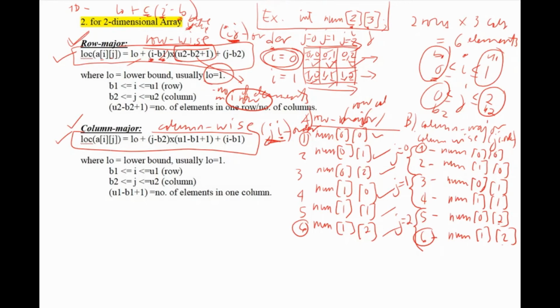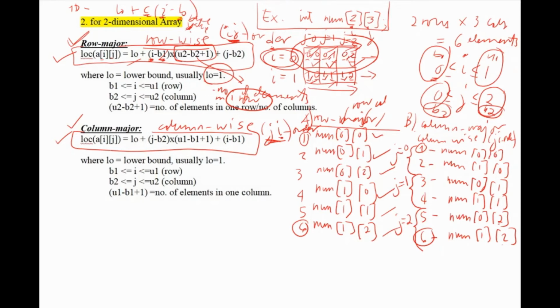Now, how many elements are there in one row? If we look at this table, there are 3 elements, right? So, in mathematical expression, how do we get that value 3? Using these variables, the number of elements is simply equal to the number of columns. If we take one row and then count the number of elements in that row, that is simply equal to the number of columns. First column, second, and third column.